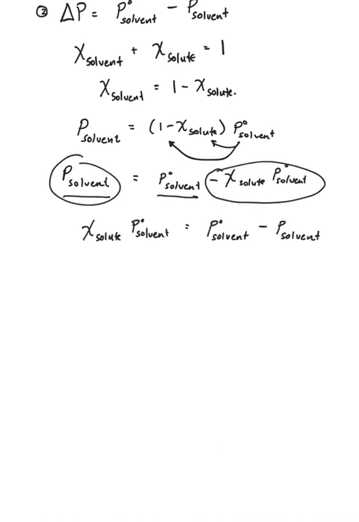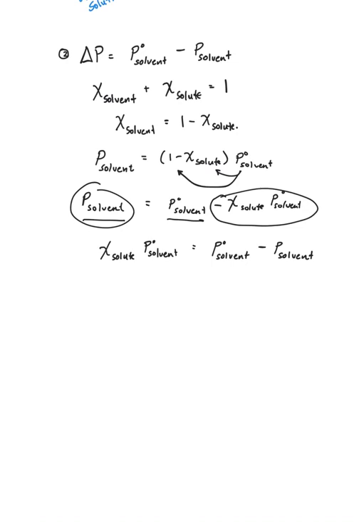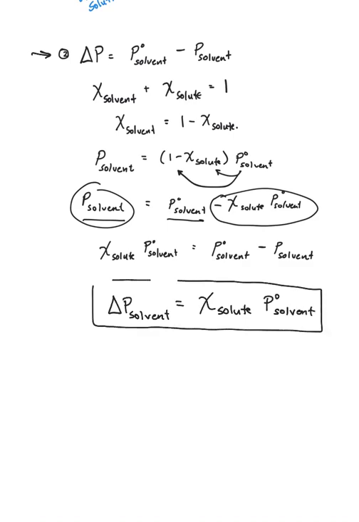We called this earlier delta P from up in equation 2. So we can say that the change in vapor pressure for our solvent, or the vapor pressure depression, is quantified as the mole fraction of solute multiplied by the vapor pressure of our pure solvent alone. This is a useful expression of Raoult's law.